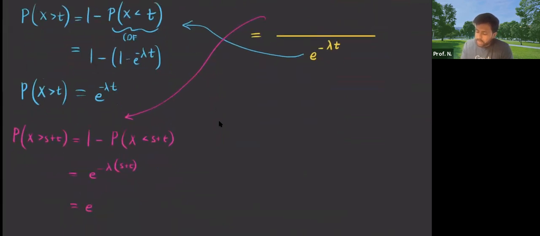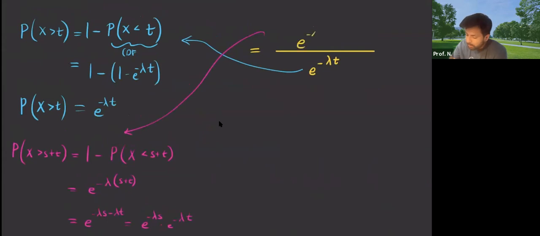This is e to the negative lambda s plus lambda t, if you distribute the negative lambda. You can write this as e to the negative lambda s times e to the negative lambda t. So the top part will be e to the negative lambda s times e to the negative lambda t.